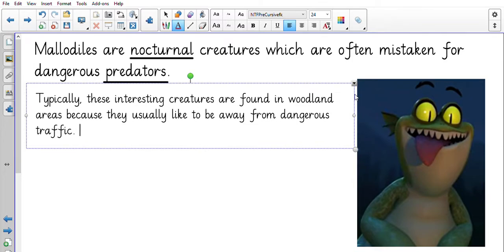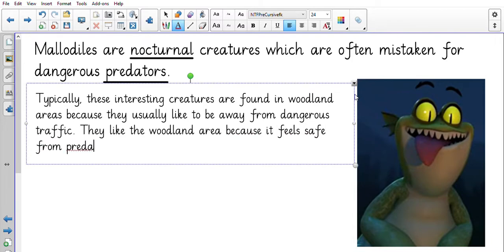Okay. They like the woodland area because it feels safe from predators and has lots of food for the maladials to eat.